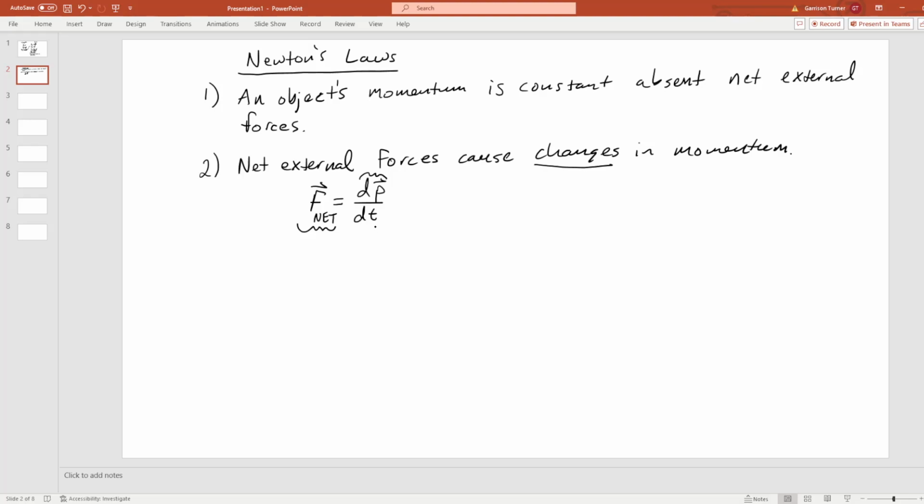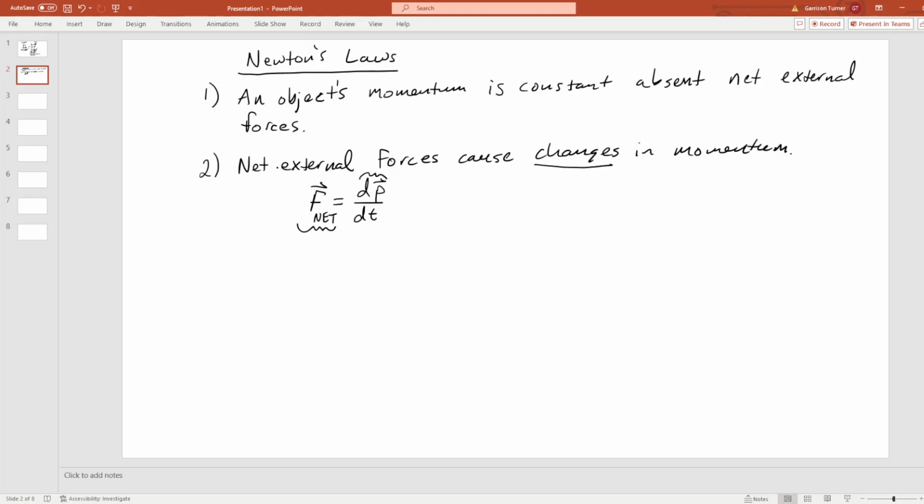Now, mass is not explicitly here, although it is in here. But the biggest idea, the change in momentum being in the direction of the impressed force, is directly implied by the vectors.